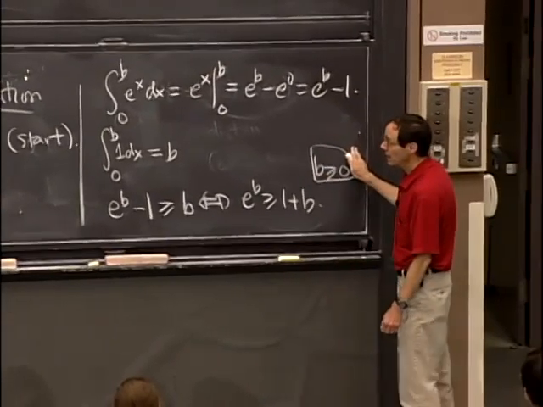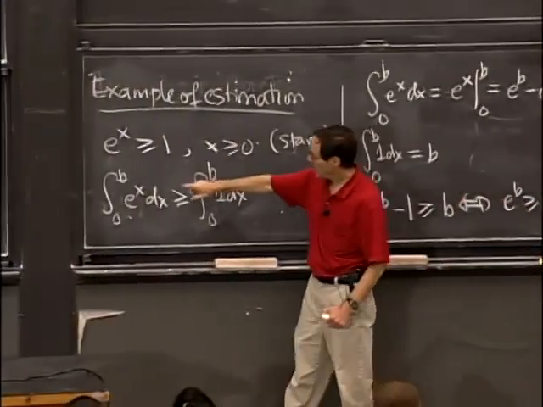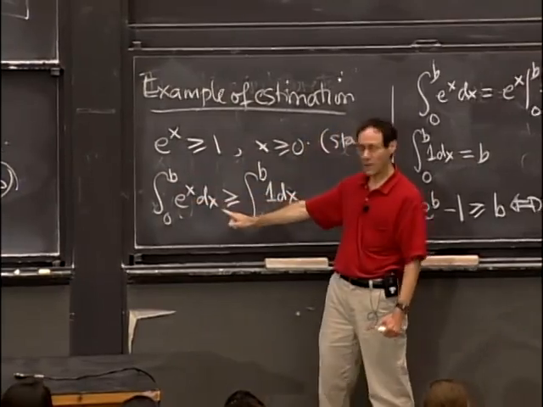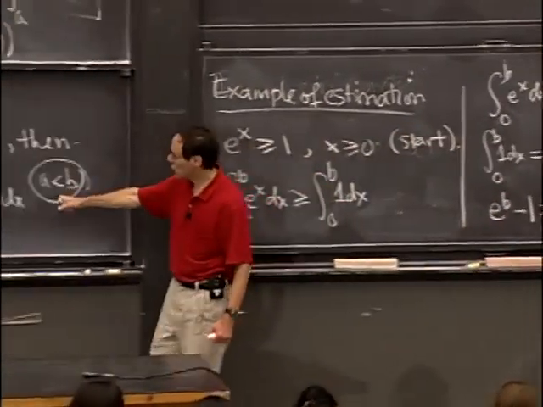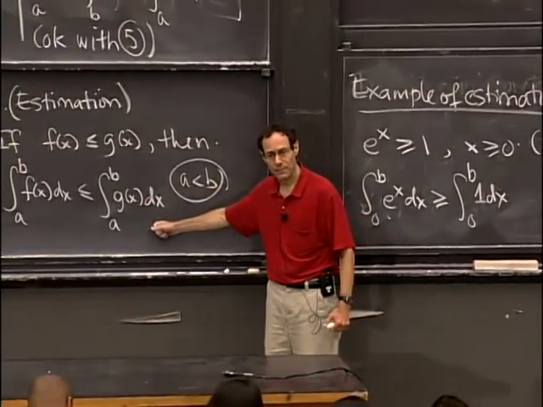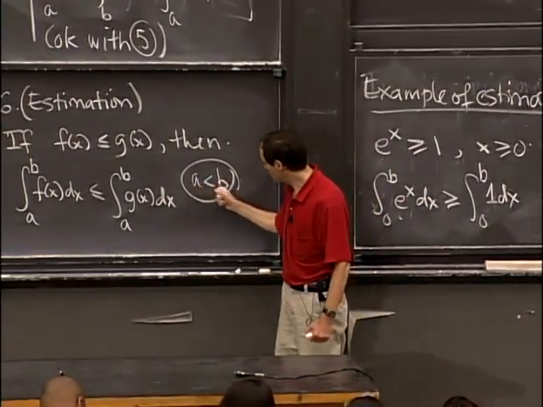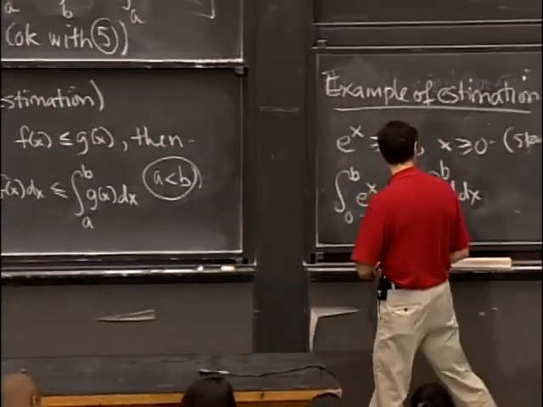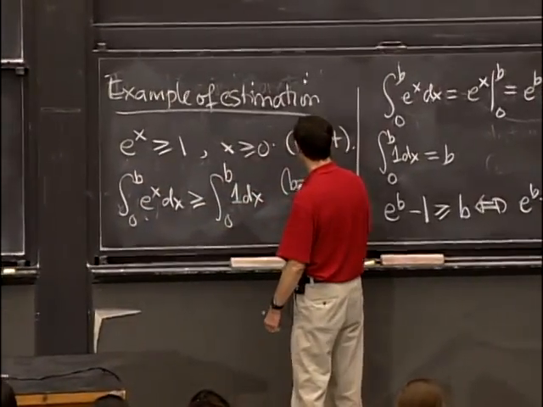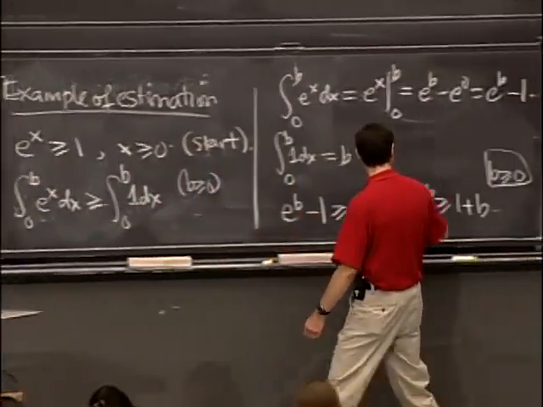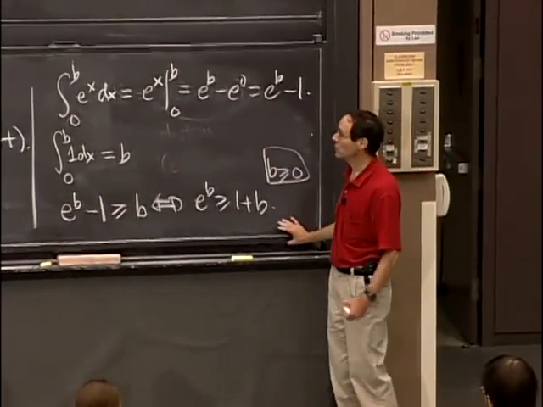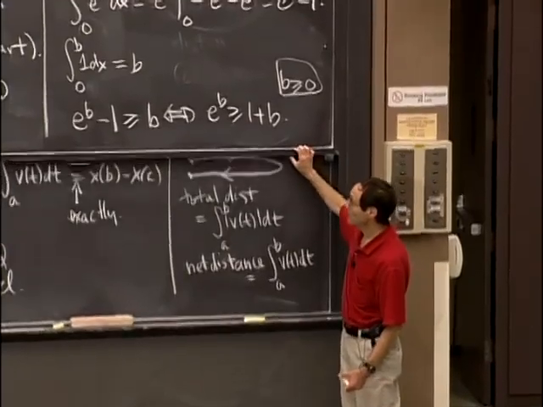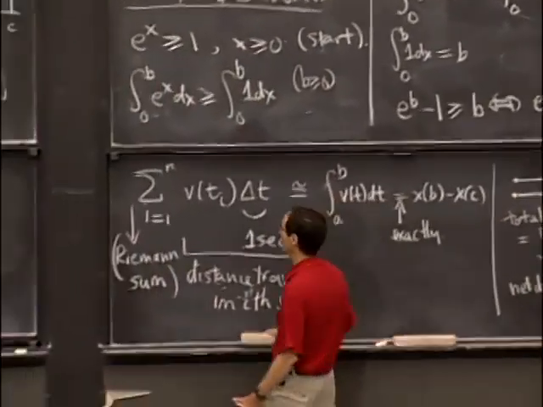Notice that if b were negative, this would be a well-defined quantity, but this estimation would be false. All right? We need that b be bigger than 0 in order for this to make sense. So this was used. And that's a good thing, because this inequality is suspect. Actually, it turns out to be true when b is negative. But we certainly didn't prove it.